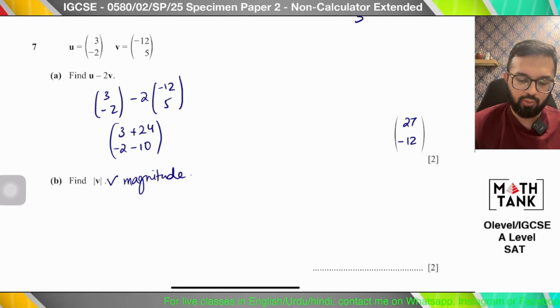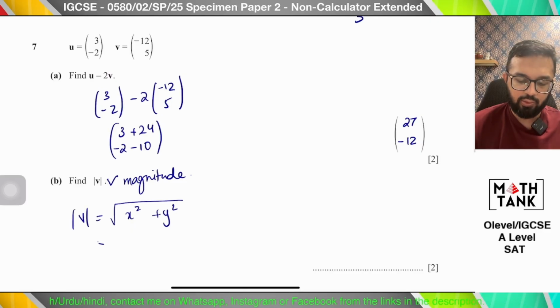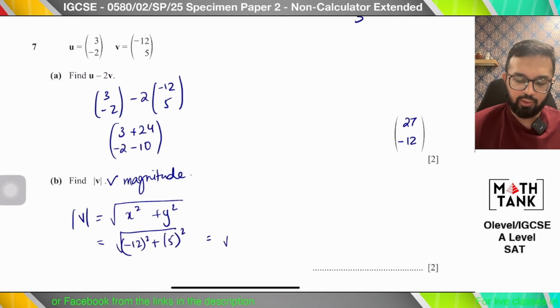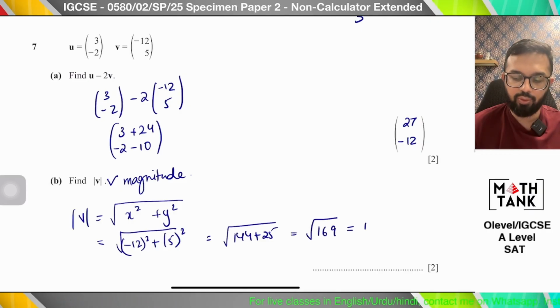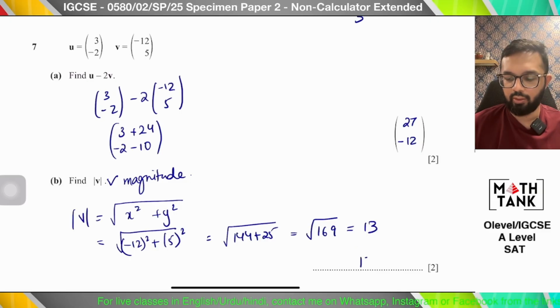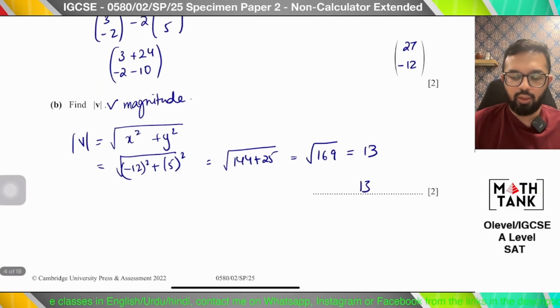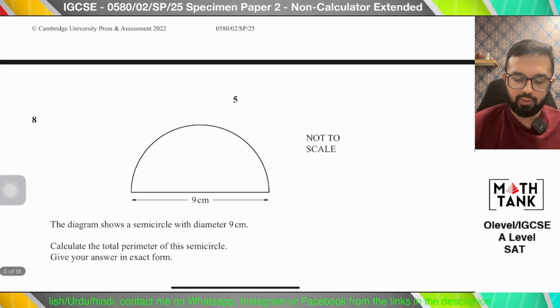So magnitude has the formula x squared plus y squared. I get minus 12 squared plus 5 squared. That should give me 144 plus 25. 169. So you should remember your roots, and that's 13. Okay, 13 squared is 169.